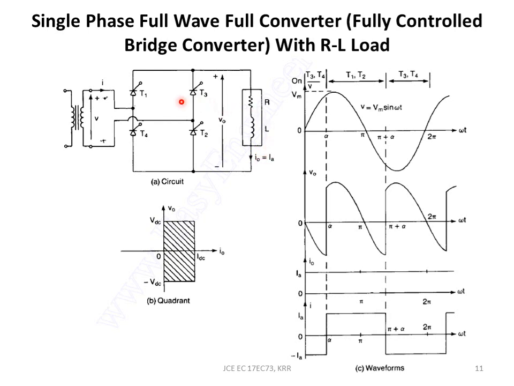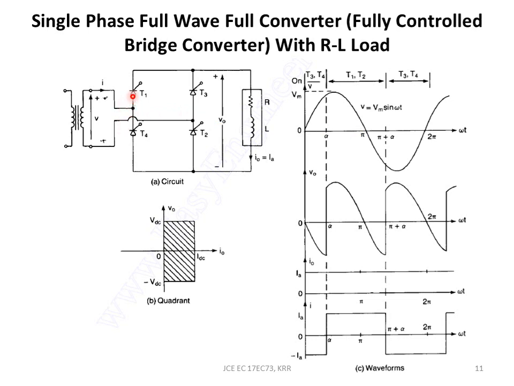So how does it work? Similar to what we understand, if I had all four diodes, obviously I would get this half wave and another half wave like a normal bridge rectifier. But since I have SCRs, during the positive half cycle, this is positive and this is negative.